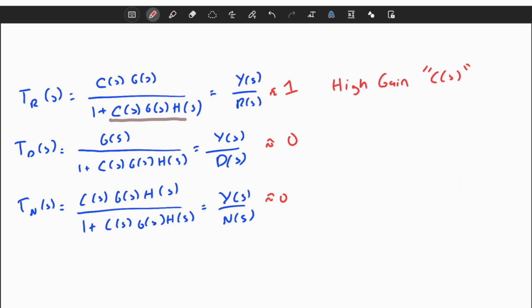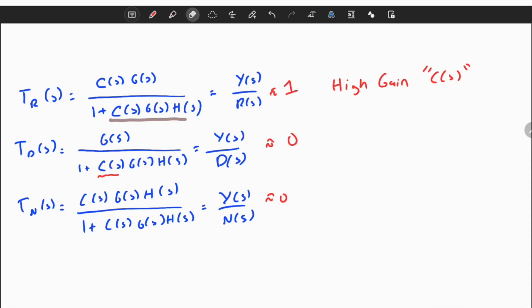It should be large. Now let's go to the disturbance. We want this to be equal to 0, and it's good that, as you can see, C is in the denominator, not in the numerator. If I again adopt the high gain controller, this will be equal to 0. So a large C of S technically achieves that TD of S will be approximately equal to 0, which is the technically desired behavior from our perspective.